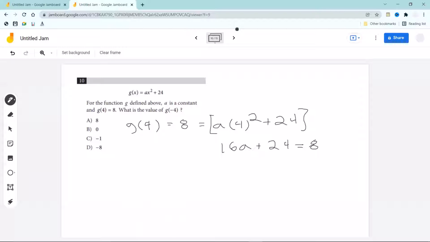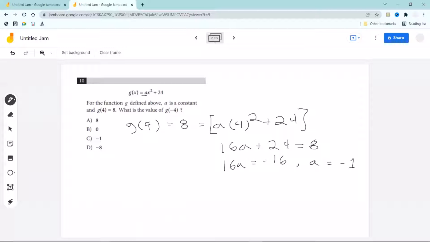So now we can solve for a using this, since when we plug in x, we can isolate a. We're given a point on this function that can help us identify what a is. So let's go ahead and solve for a. We'll get 16a is equal to negative 16, and that means that a is equal to negative 1.